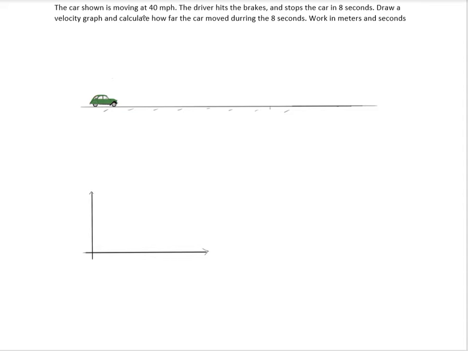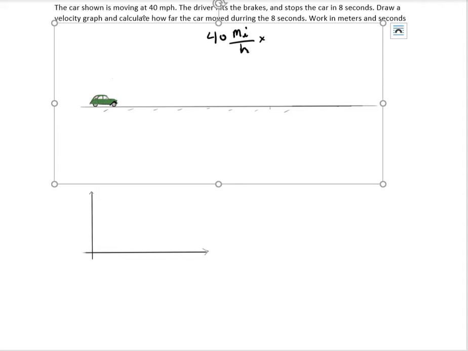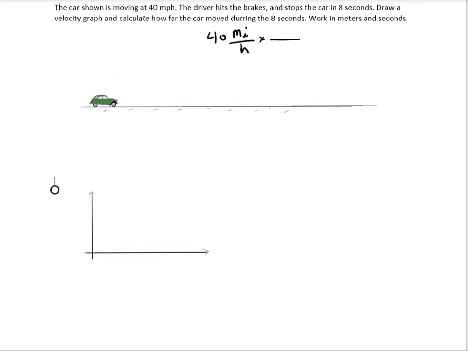All right, so this 40 mile per hour. First thing we're going to do is convert that to meters per second. So, unit conversions. We have 40 miles per hour, which means mile over hour. Anytime you convert units, you are multiplying by a fraction. We want the fraction to get rid of the units we want gone and leave us with the units we want.